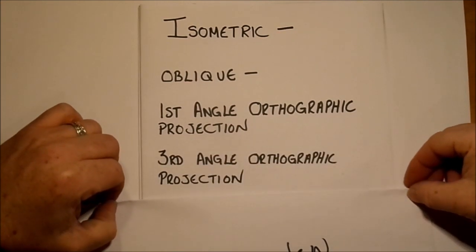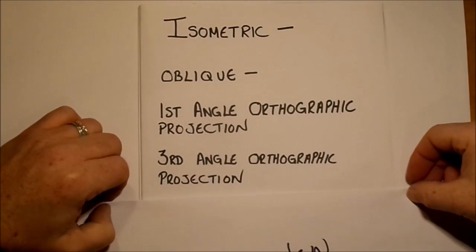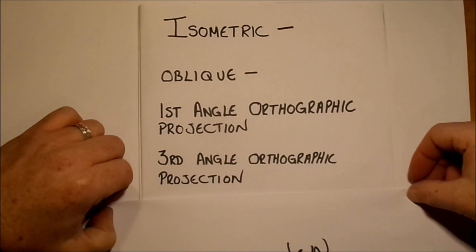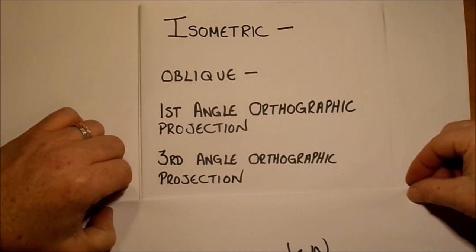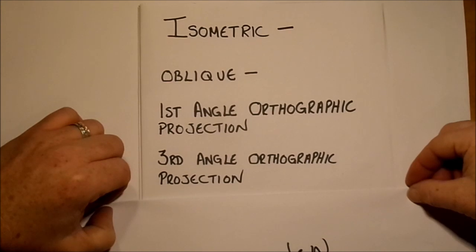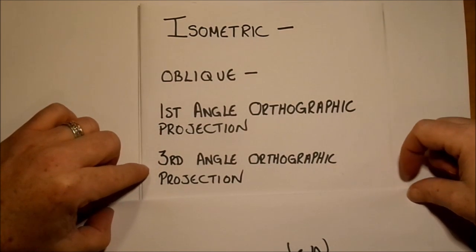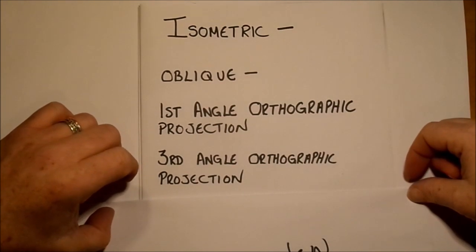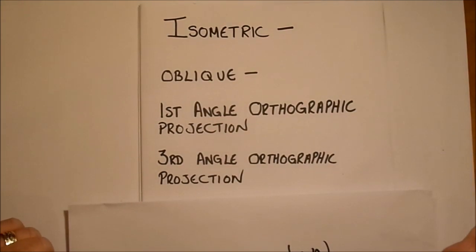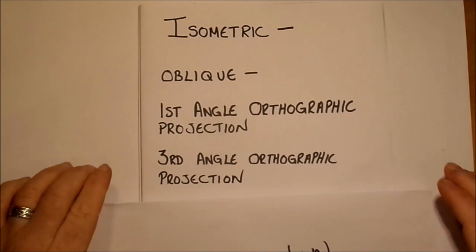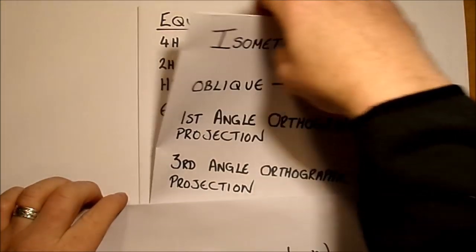The last one, I will talk about third angle orthographic projection. I'm not expecting you to do this one either. Some of you are not at the standard yet where you will be able to understand both first and third angle orthographic projection. All it will do is just send you nuts. And then when you actually do the assignment, it'll just go pear-shaped.